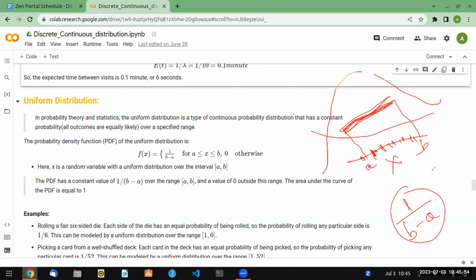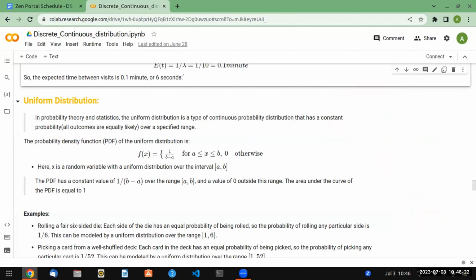Just the probability is the same for each random variable. If you have that kind of data where the probability is the same, that is your uniform distribution. Now, whatever we just learned, we can do using coding. You can call this distribution, you can call this, we'll see. Okay, without explaining, it's better to show you.